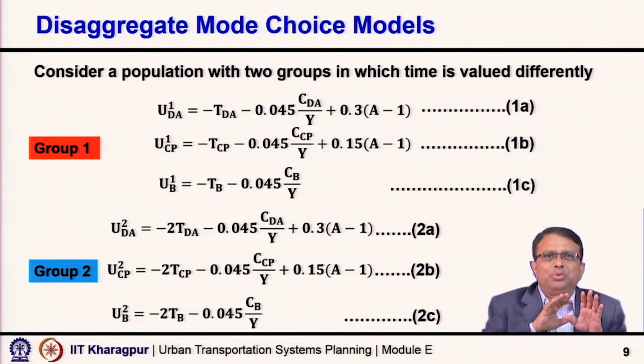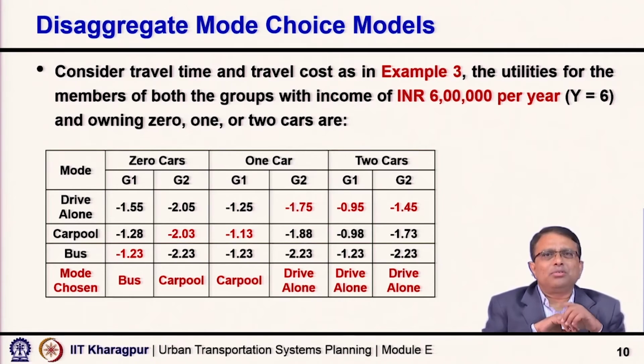If this is true that we have two groups, then how will our predictions be? Let us look at it. For people having no car, that is 0 car, group 1 will actually use bus, whereas group 2 will use carpool. Now, group 2 is our inclusion here.